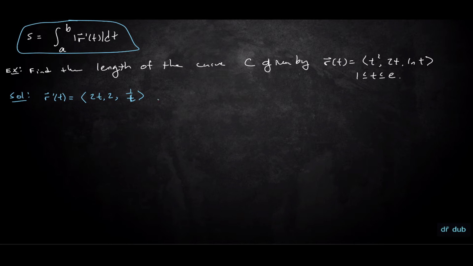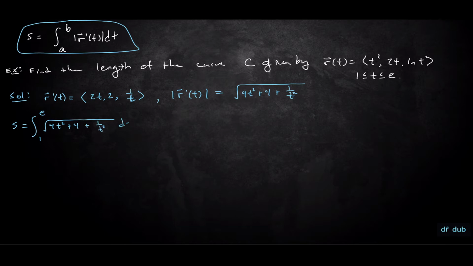And then we need to take the magnitude of that. So the magnitude of r prime of t is going to be the square root of 4t squared plus 4 plus 1 over t squared, which means our integral s is going to be the integral from 1 to e of the square root of 4t squared plus 4 plus 1 over t squared dt.